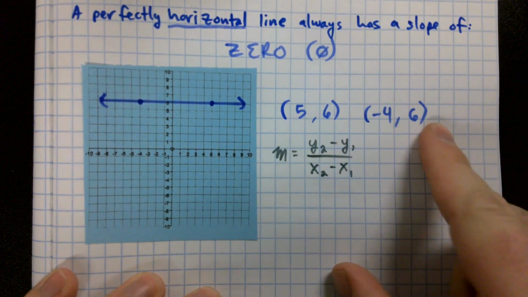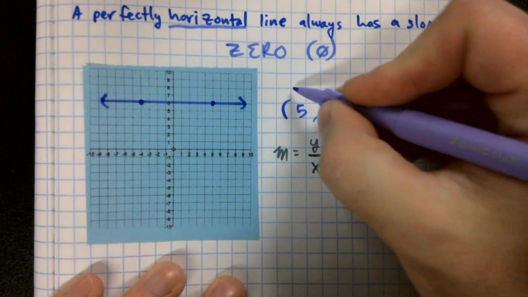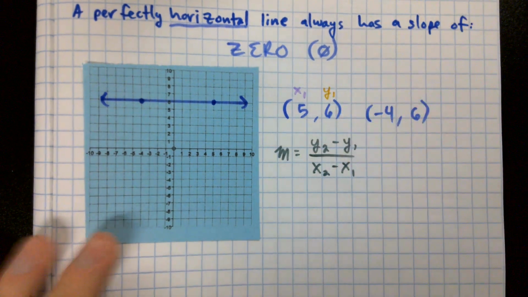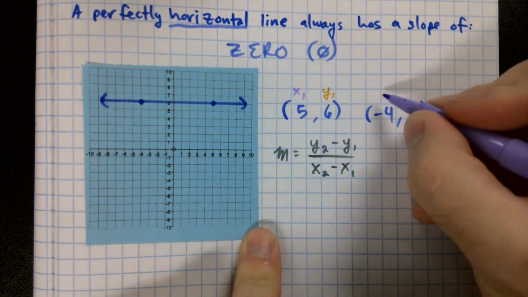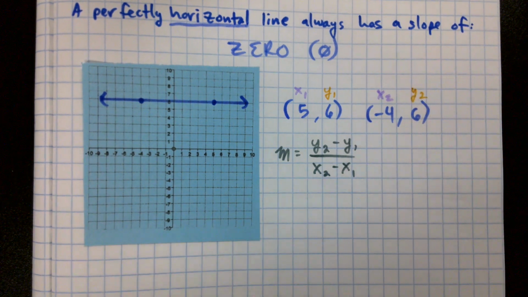So let's label them just like we did yesterday. What can I call 5? X1, good. What can I call 6? Y1. What about negative 4? X2, and positive 6? Y2. I'm going to zoom in here a bit.